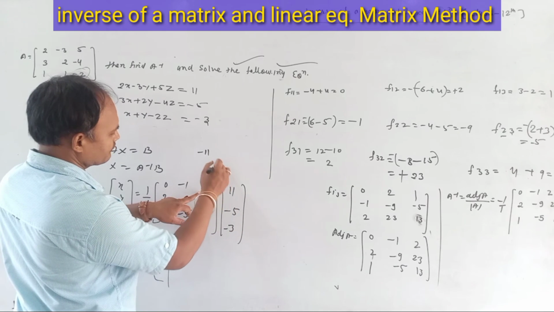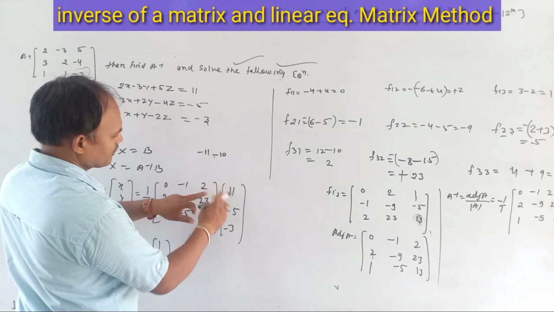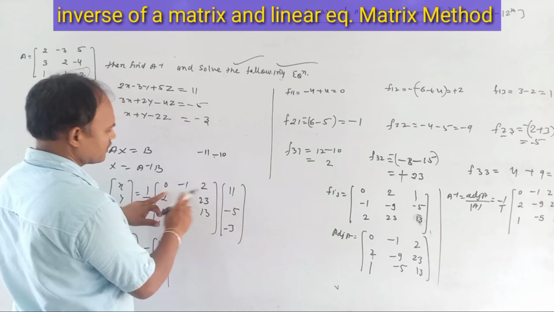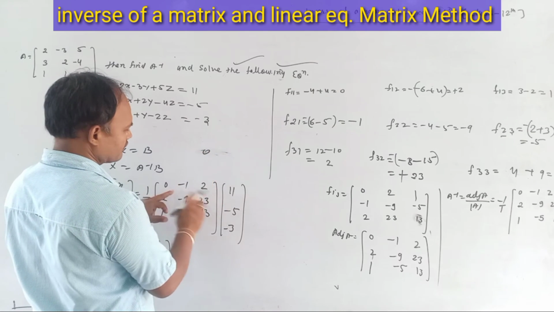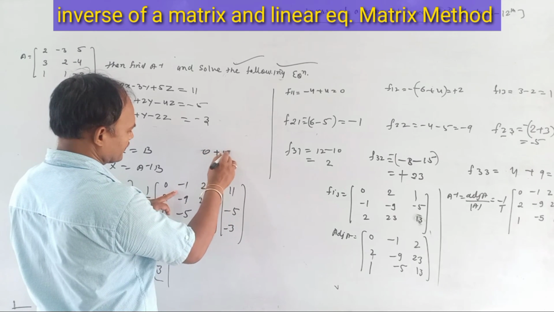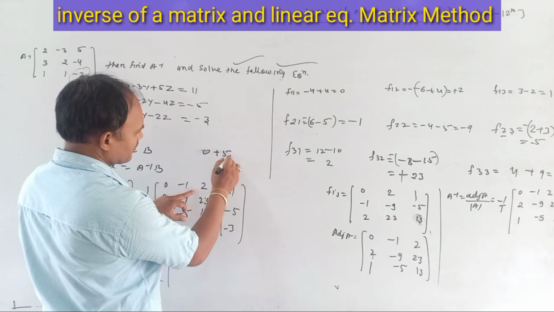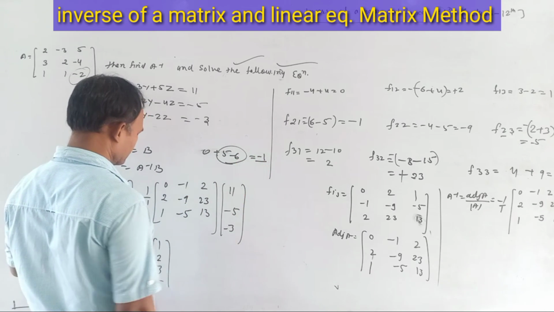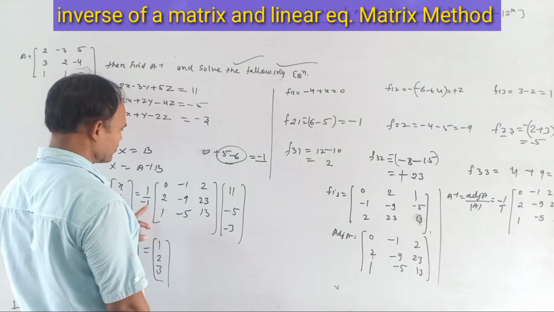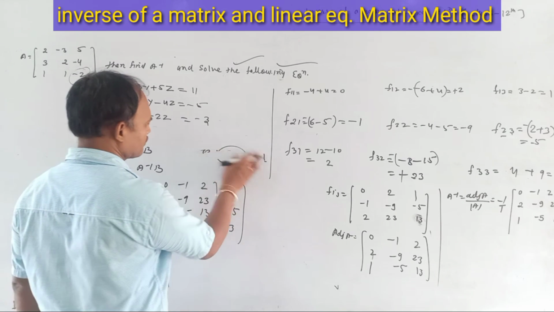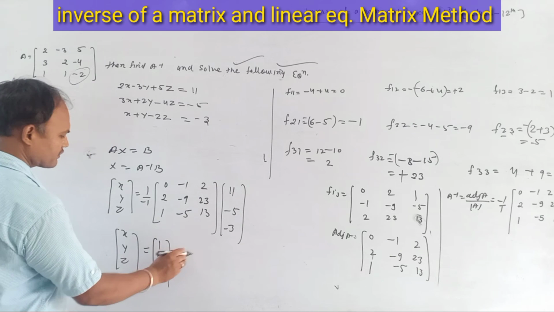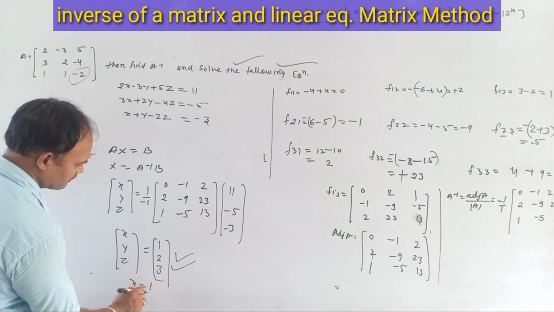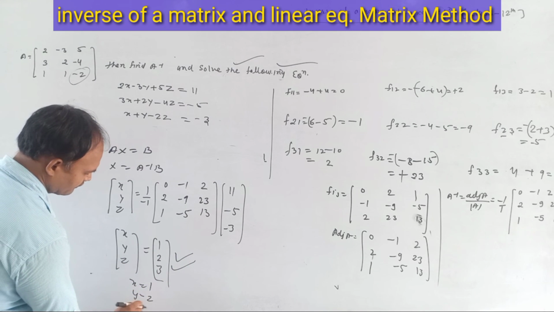What about here, it is 0, plus 5, and minus 6, so we can say that it is minus 1. So it is minus 1 and minus 1, so we can say that it is 1. So x equals 1, y equals 2 and z equals 3.